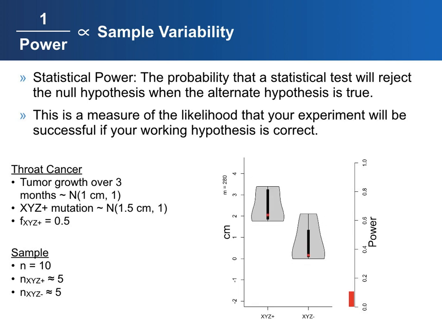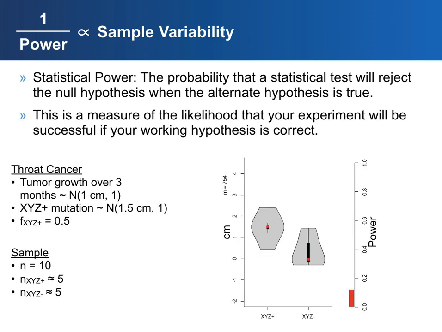If you propose this study to a grant committee, they're going to say you only have a 10% chance of successfully identifying this difference. No, we're going to fund somebody else and not you. So you want to know what your power is. You want to show them that you have power to see what you're looking for before you make this proposal.